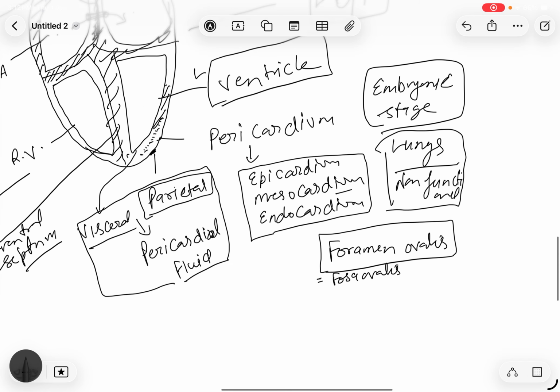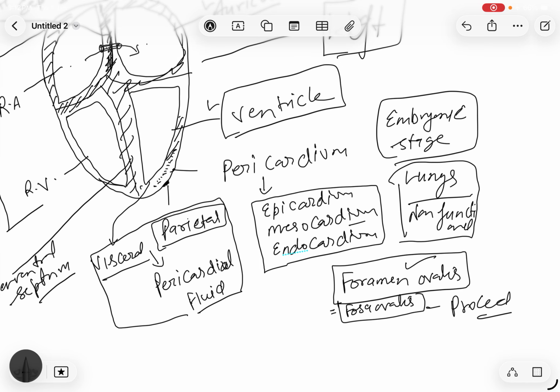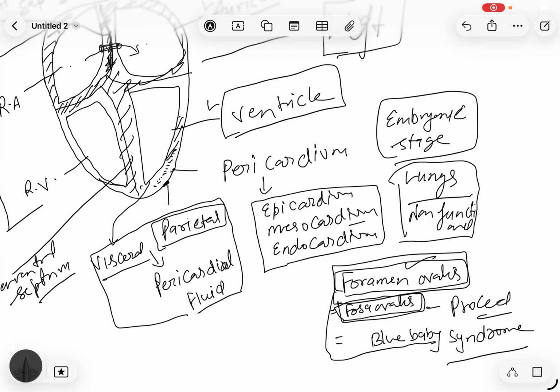But in some cases this pit formation does not proceed, and a small hole remains, which causes blue baby syndrome. When it does not fill after birth, it causes a disease known as blue baby syndrome. Okay, it is very important.